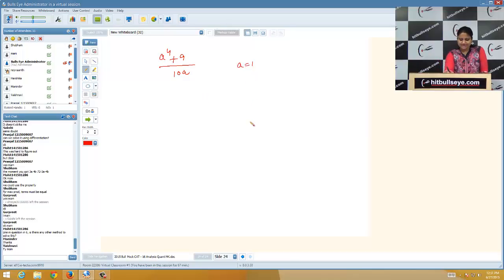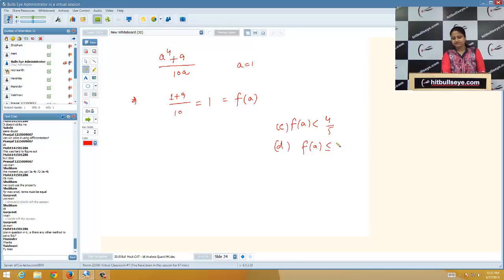If I take a as 1, since a can be anything, nothing is mentioned here, it will be 1 plus 9 upon 10, so f(a) is 1. So can you say option C is rejected, option D is rejected? Since C says f(a) is less than 4 by 5, but we are getting f(a) as 1, that's why option C and option D are rejected.